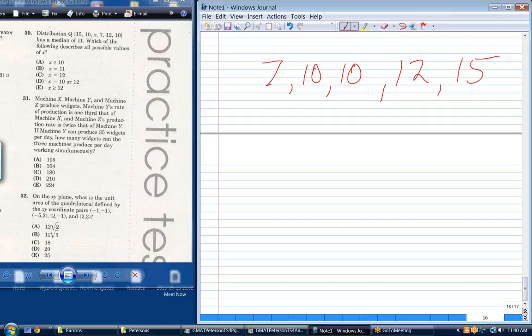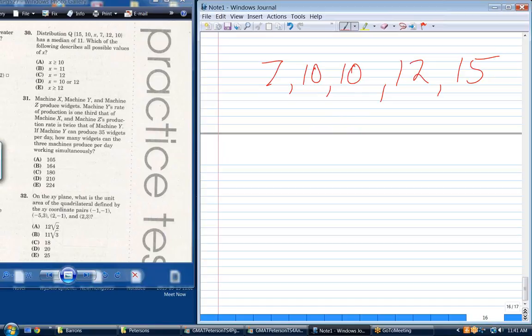All we know is x is somewhere in between there. We don't know what it should be, but we know the median is 11. So that's like the median number. The middle, right. Mm-hmm. So like if x was... Without the x, what would the median be here? 10.